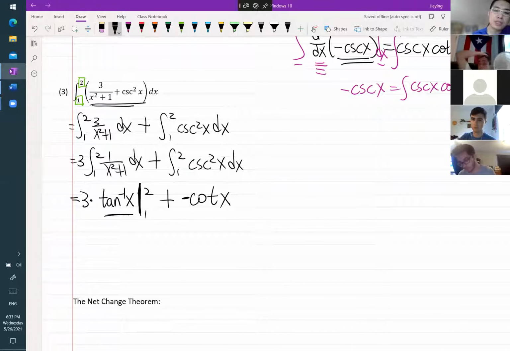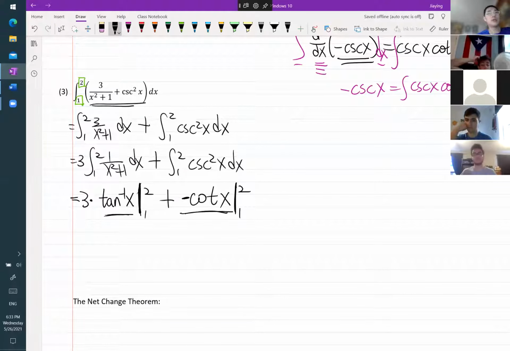And then after this is the antiderivative, but we still have to evaluate this function we got, this part, from 1 to 2. So that's a key there. You always remember after you find the antiderivative, you need to plug in numbers to evaluate it.